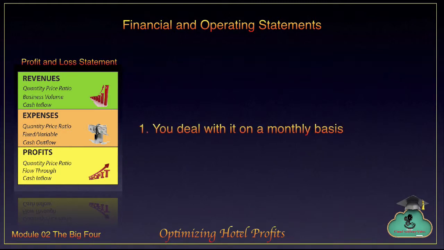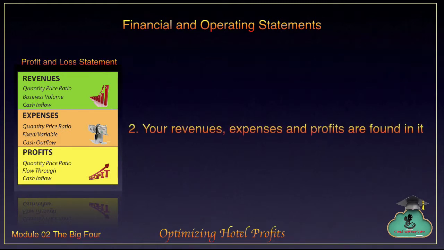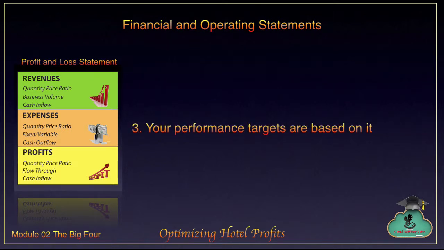Number one, you deal with it on a monthly basis. Number two, your revenues, expenses, and profits are found in it. Number three, your performance targets are mostly based on it. Number four, your boss is on your case because of it. And number five, often your bonus and raises depend on it too.